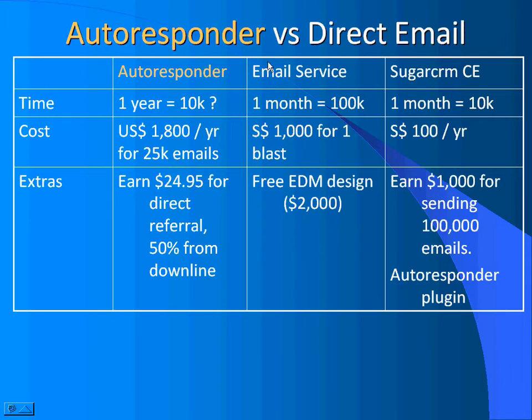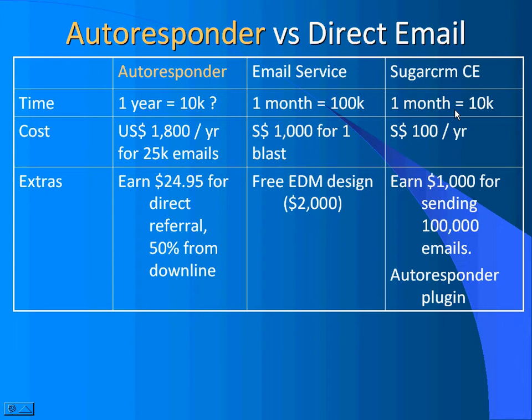Okay, for Sugar CRM, for our workshop, of course you can buy your own database, 100,000, 500,000, 1 million. But if you come for a workshop, we will give you 10,000 emails a month. So by the end of 1 year, you have 120,000 emails in your database for your direct marketing.